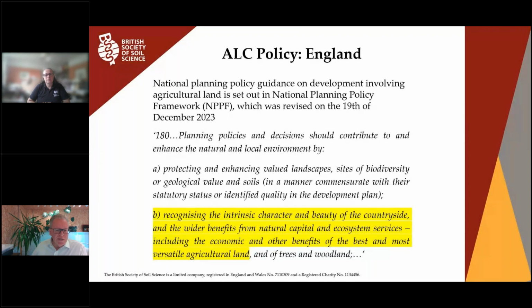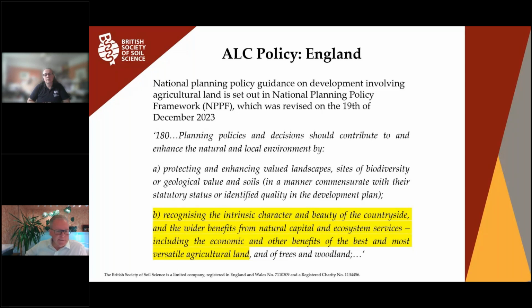But in short, you can see that in paragraph 180, section B, local authorities have to recognise the intrinsic character and beauty of the countryside and the wider benefits of natural capital and ecosystem services. And that includes the economic and other benefits of the best and most versatile agricultural land.